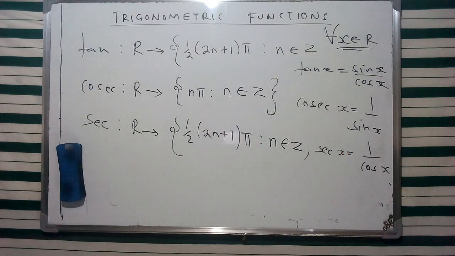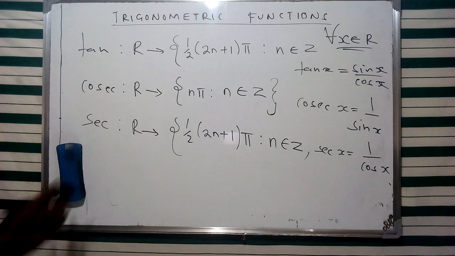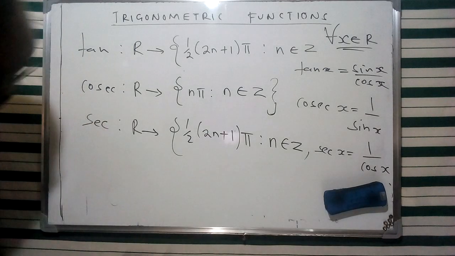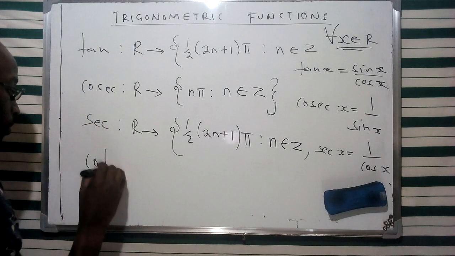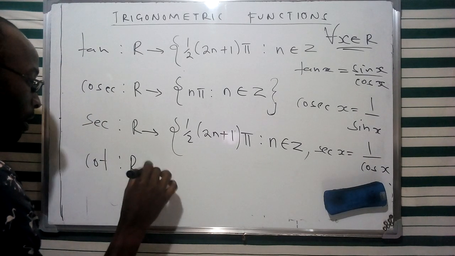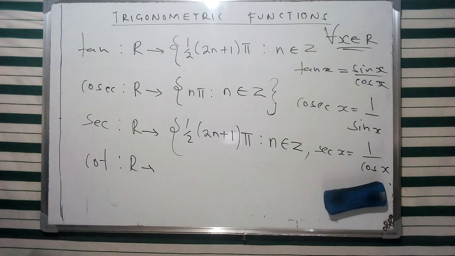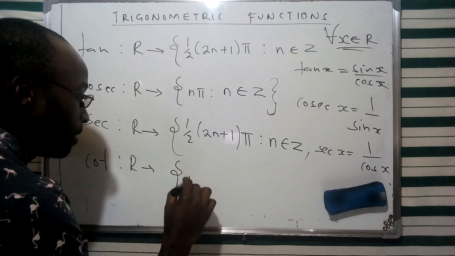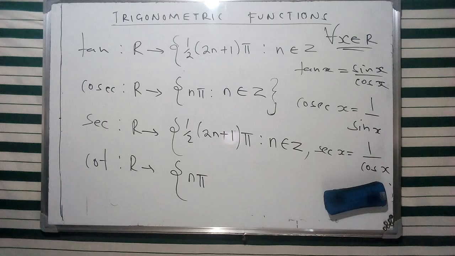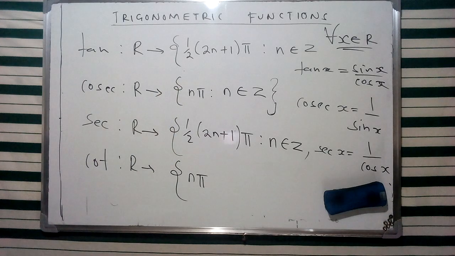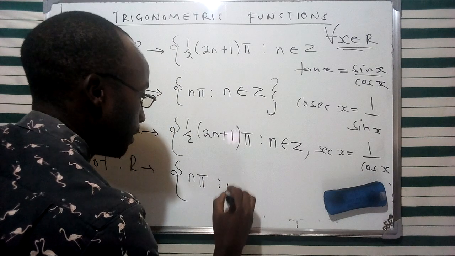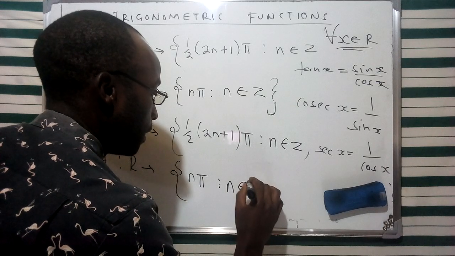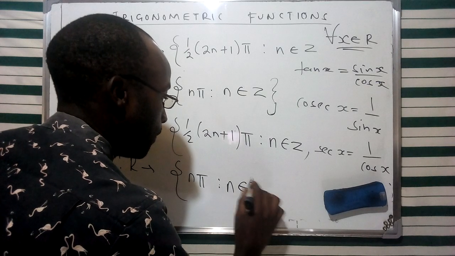And as we said, x is going to consist of a set of real numbers as given above. So lastly, we're going to look at the inverse of the last one, which is given as a cot. This cot forms a set of real numbers that we can express in terms of n pi, just as we had done for this one, whereby n is a set of integers given as z.